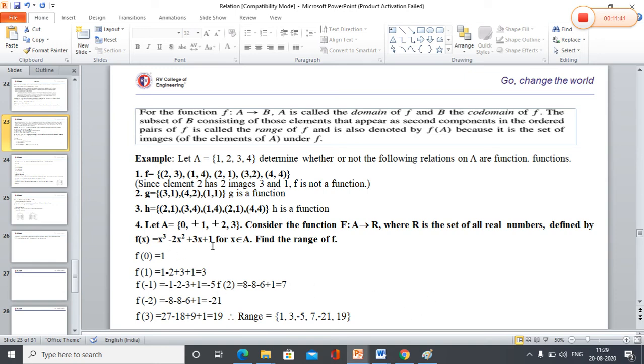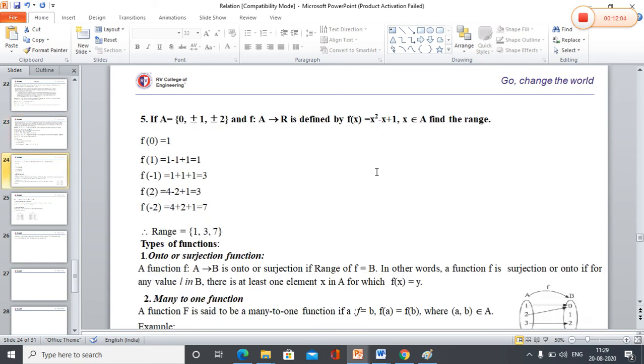So f(0), I'll substitute x as 0 and find the function value. It is coming 1. Then f(1) is coming 3, f(minus 1) is coming 7, f(minus 2) is coming minus 21, and f(3) is coming 19. So the range will be {1, 3, 7, minus 21, 19}. Okay, so I hope it is clear.